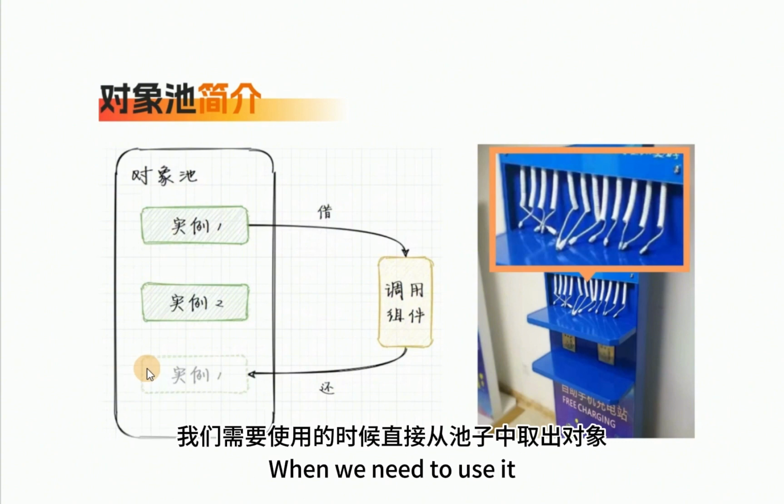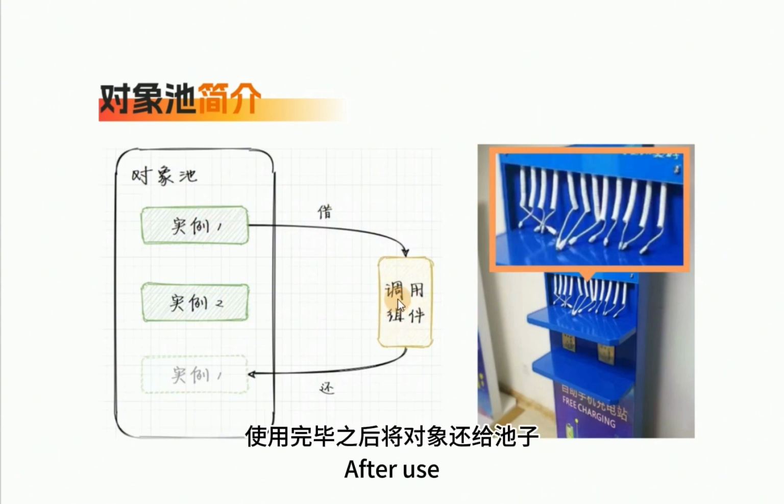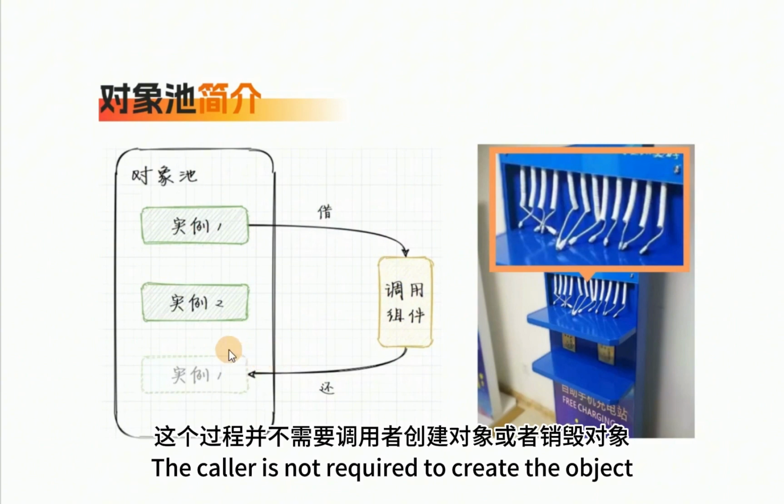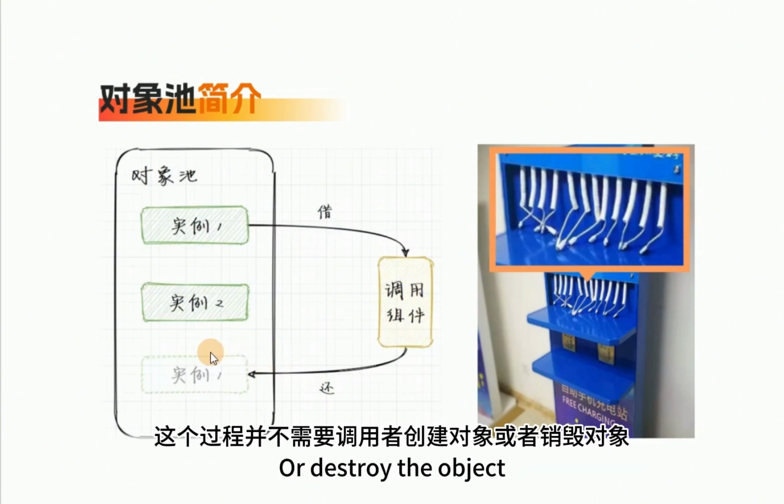When we need to use one, we remove an object directly from the pool. After use, we return the object to the pool. In this process, the caller is not required to create or destroy the object.